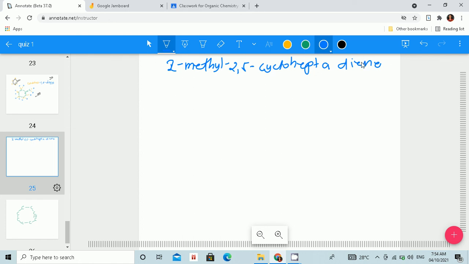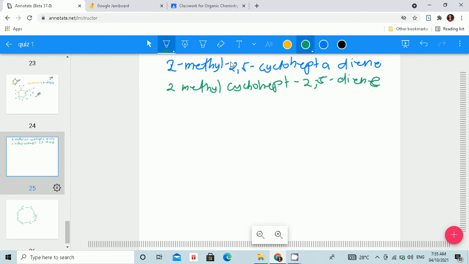If you are to name this in the new version, we are going to name this one as 2-methylcyclohepta-2,5-diene. But because this is the given, let's consider this one.